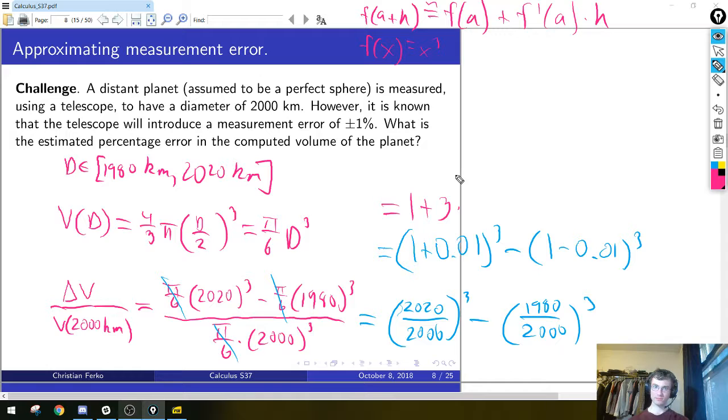Okay, back to trying to understand things. This is going to be 1 plus 3 times 1 squared. So just 1 plus 3 times 1, basically, times 0.01. Good. Then we have a second piece, I think.